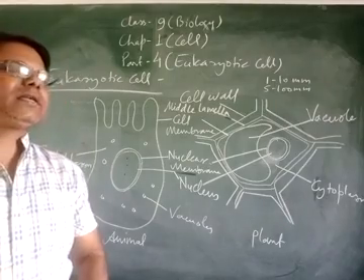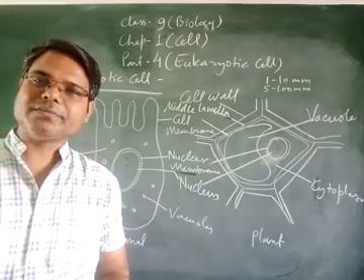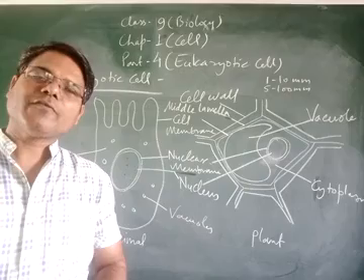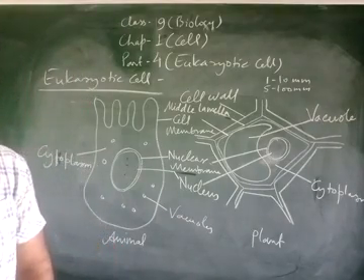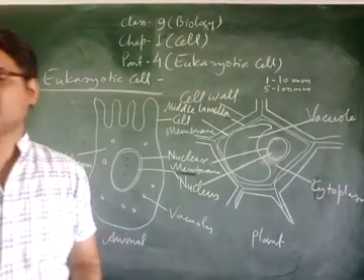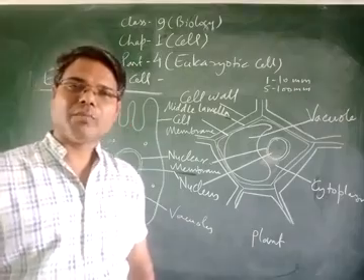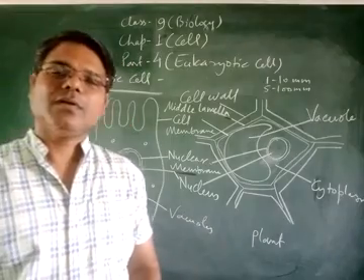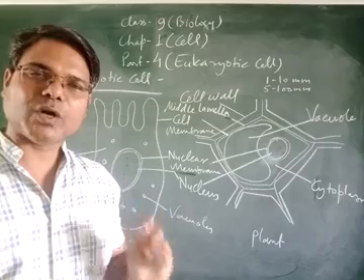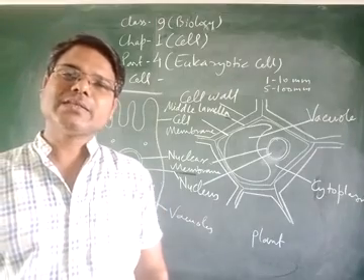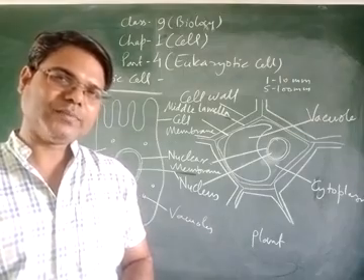Now the last point of difference is related to the reproductive function, that means cell division. In case of prokaryote, cell division takes place by fission or budding. Fission, basically students, is the splitting of the parent body, and budding is the arising of small buds from the parent body.